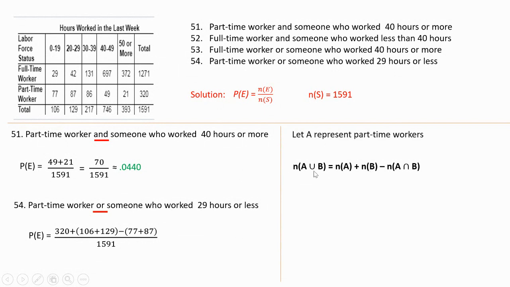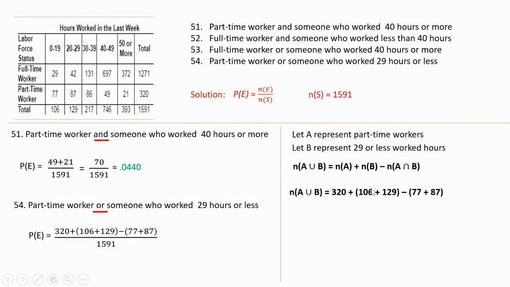Okay, now here's another way by using this formula here. They represent 20 hours or less, and they represent the part-time workers. So how many are the part-time workers? Is a 320, we got it from here, 320. The ones that work 29 hours or less will be the 106, which is from 0 to 19 hours, and the 129 from 20 to 29 hours.